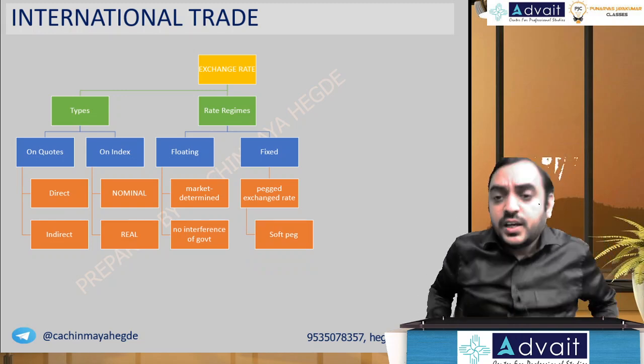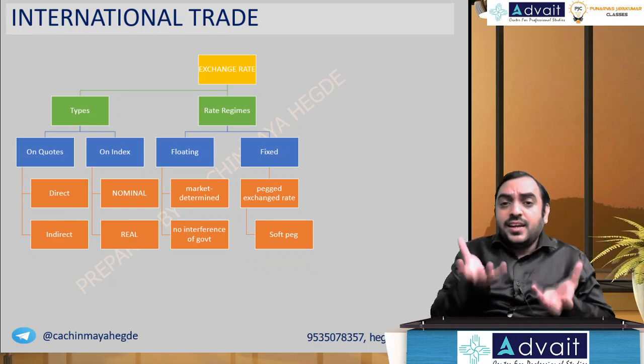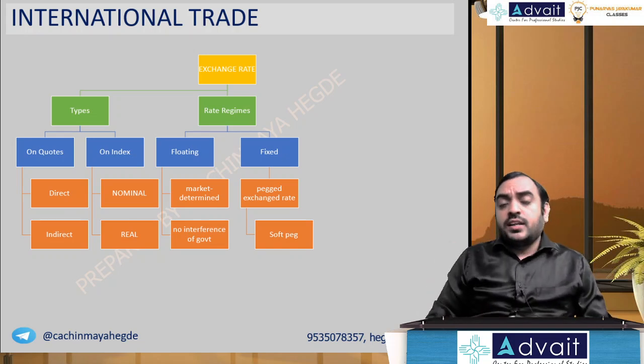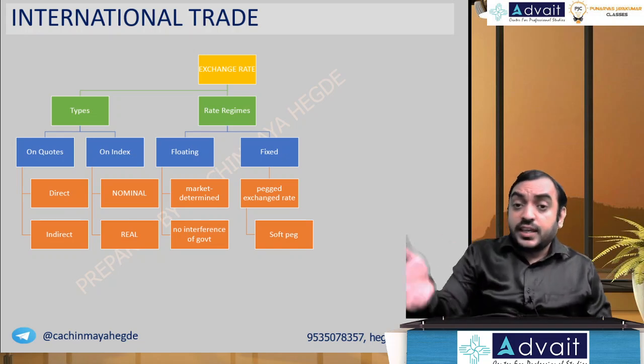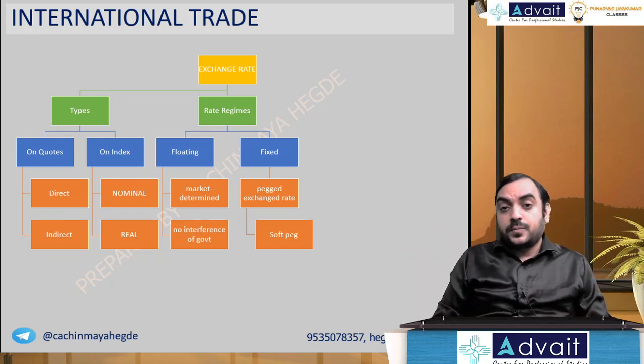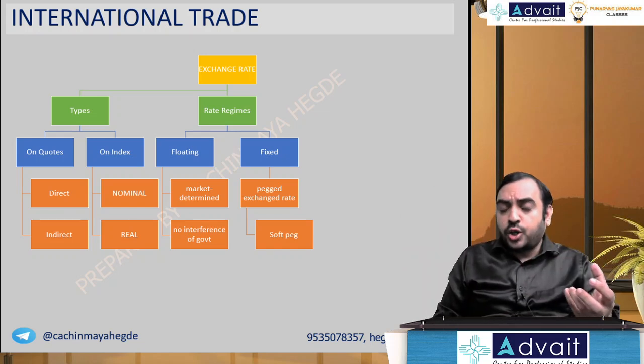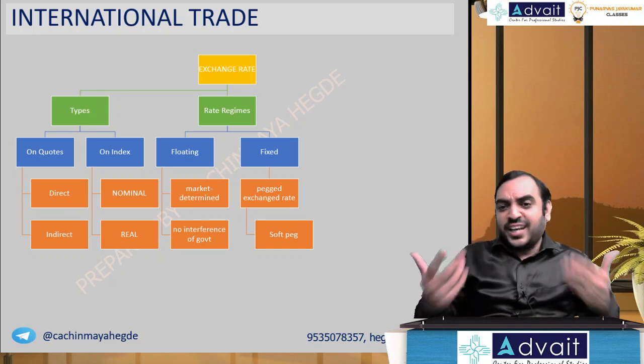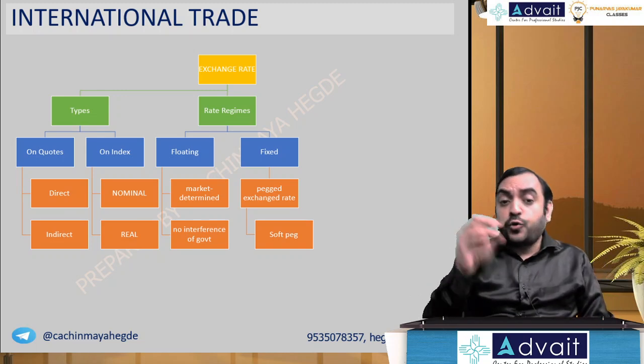Floating rate means, depending on demand and supply, the exchange rate will fluctuate. You see, $1 equals 70 rupees in the morning, and in the evening it would have become 71 rupees, because of demand for dollar, supply of dollar. Demand supply, equilibrium point, market force. That is called floating regime.